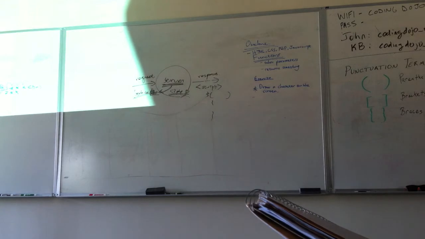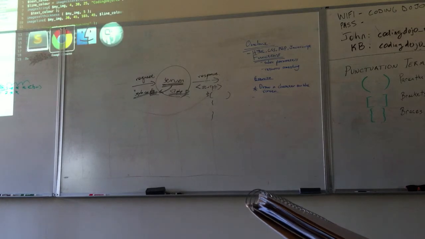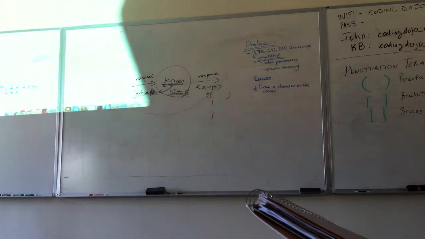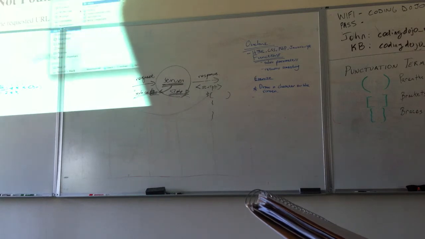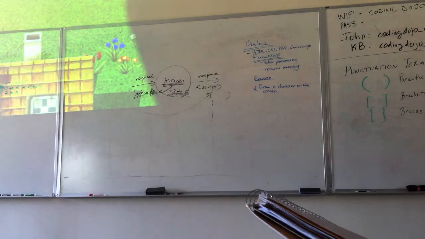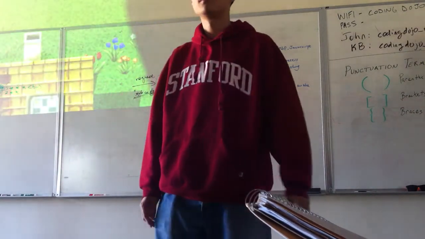So this is really important that we understand, so I'm going to spend some time. If I go to localhost, what was it, game.png file? No. Games.png. What did I name that? Games. Okay, it displays this. How does the browser know that this is an image file?